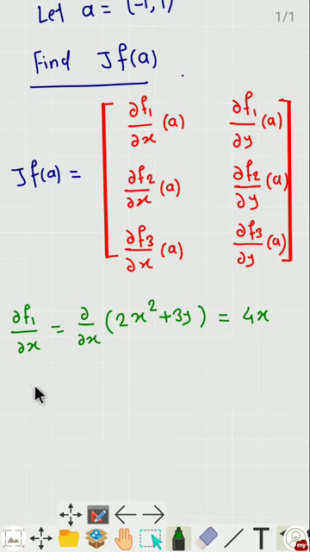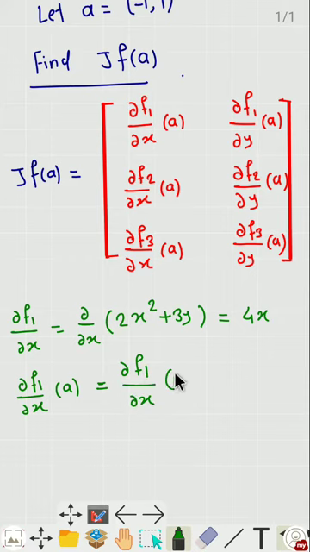And the value of this partial derivative at point A, that is ∂f1/∂x at point A. Point is (1, -1), means x is 1, y is -1, so it is 4. So thus we have the first value.